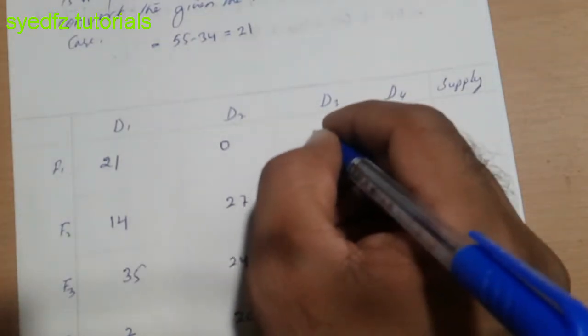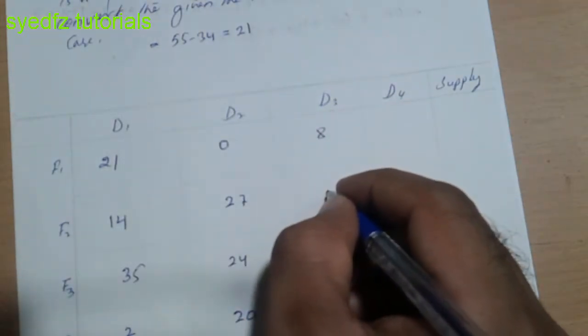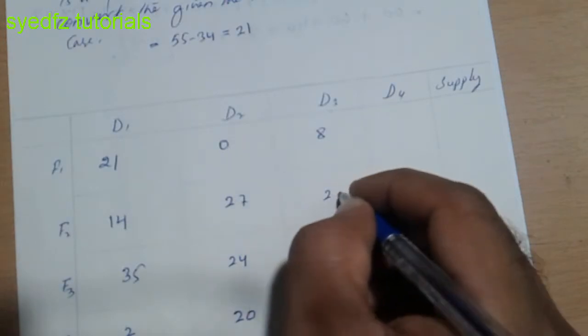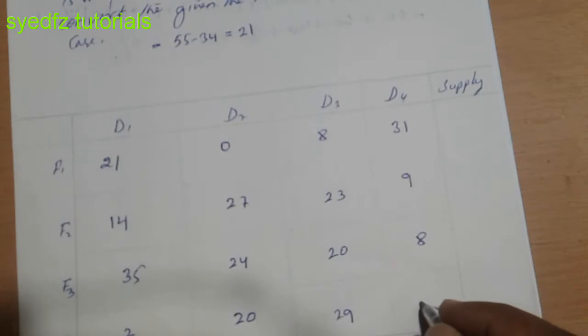Next, 55 minus 47 is 8. 55 minus 32 is 23. 55 minus 35 is 20. 55 minus 26 is 29. 55 minus 24 is 31. 55 minus 46 is 9. 55 minus 47 is 8. 55 minus 28 is 27.